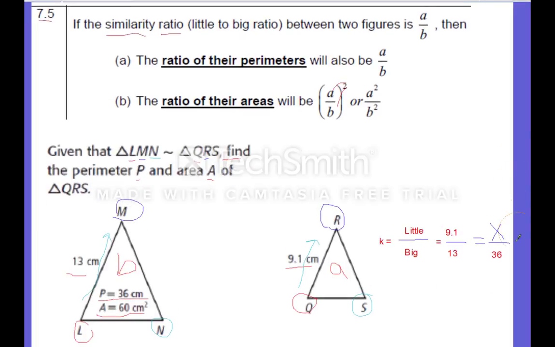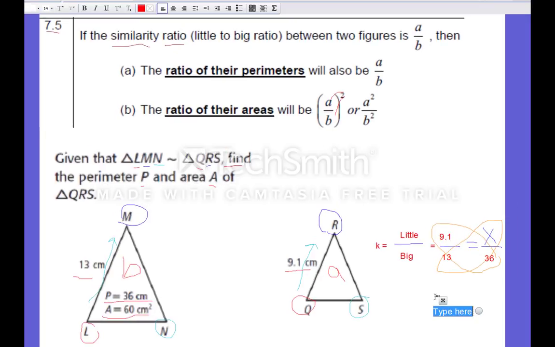I'm going to use a different color. These guys equal these guys. So 9.1 times 36 equals 13 times x.